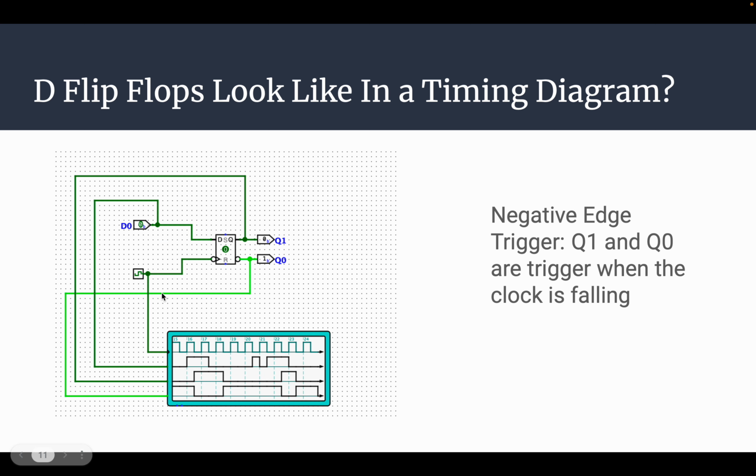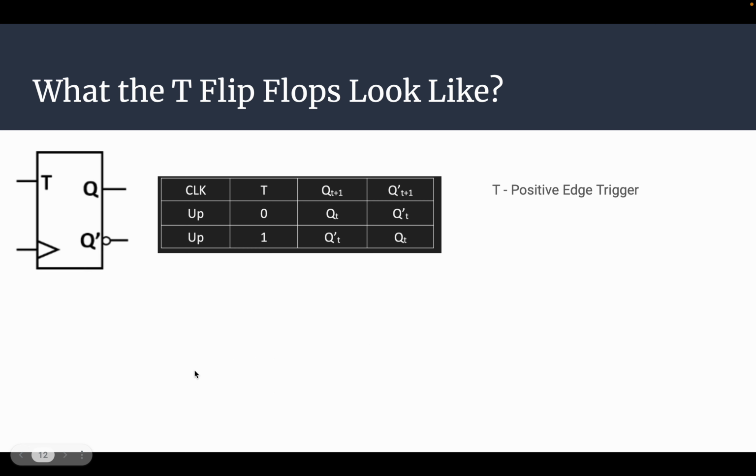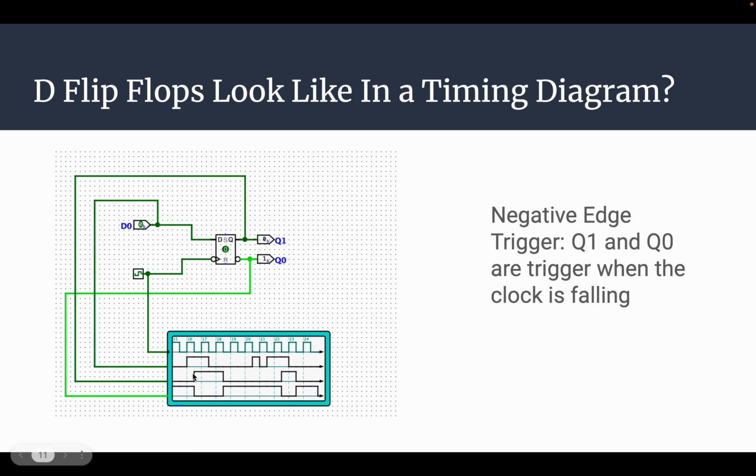Now for the D flip-flop with negative edge trigger, it's basically the same thing, but on the falling edge. As we can see, when we're at the falling edge right here, we have D at 1, so Q1 is just going to be 1, and as it continues on, when D is 1 it's still going to be 1.